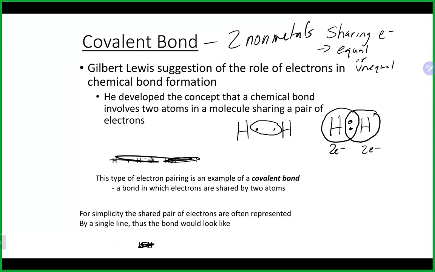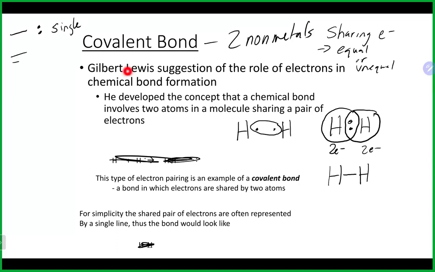You can represent this with dots like I showed there, without the circles usually. You can also represent this type of bonding, which is a covalent bond, with a line. And a line would indicate electrons are being shared in a bond. Each line represents two electrons or a pair of electrons. So this is a single bond, which is basically the sharing of two electrons or one pair of electrons.